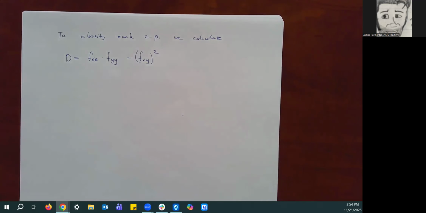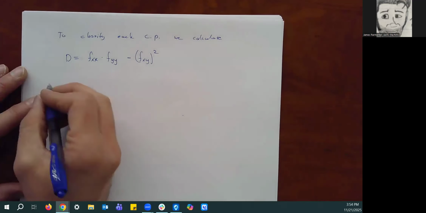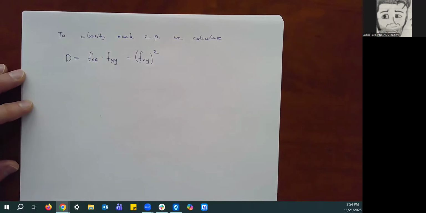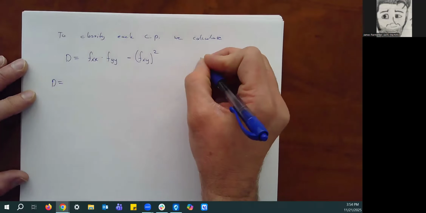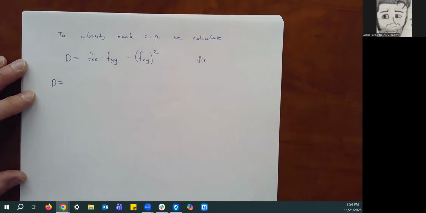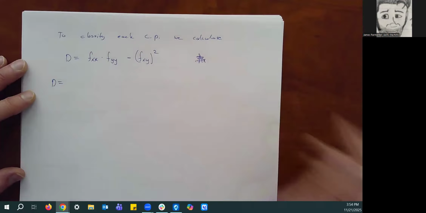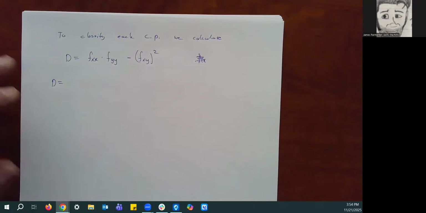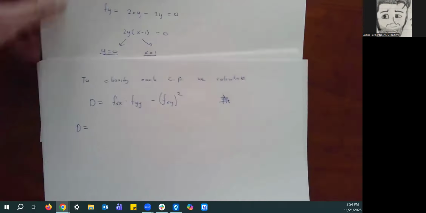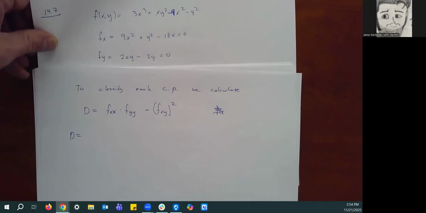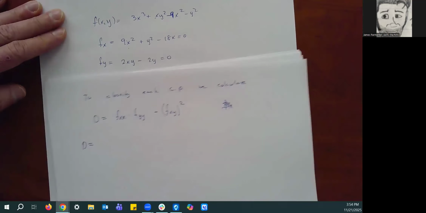So here's what we're going to do. Let's maybe find this thing before we start plugging. Let's just look back instead of remembering, and seeing that our function was that, we can easily write down our second partials.